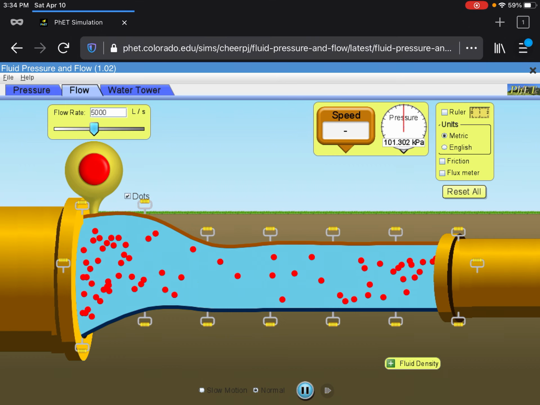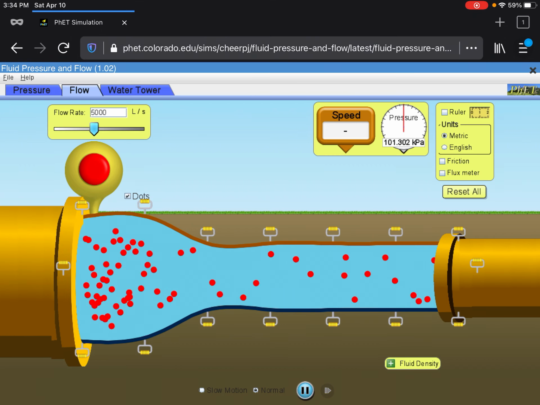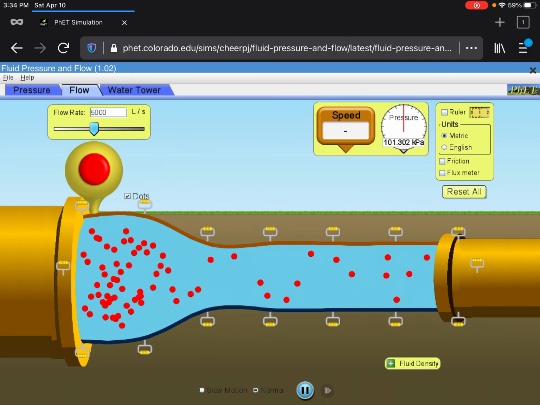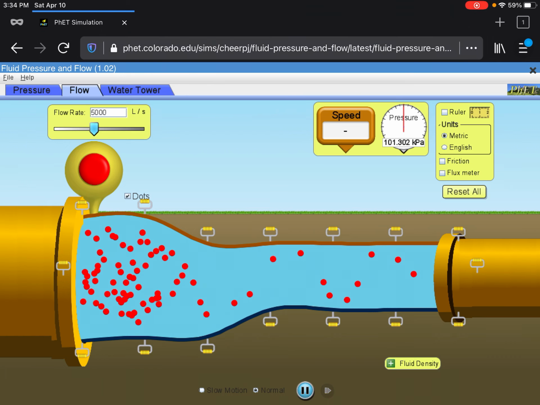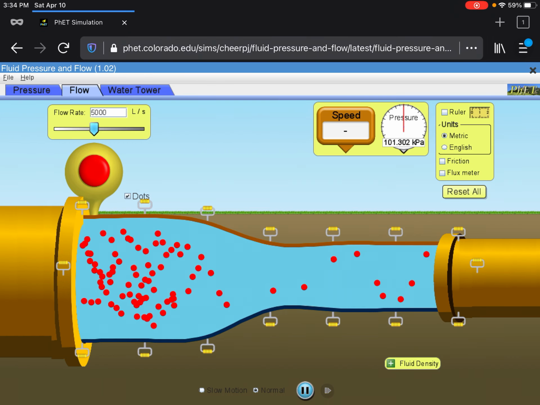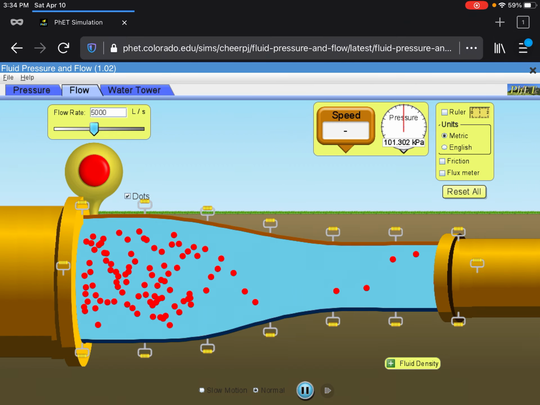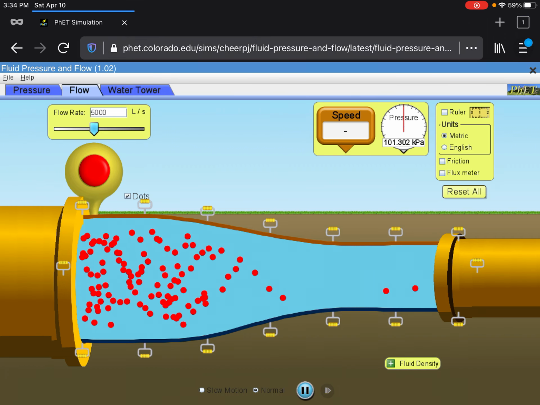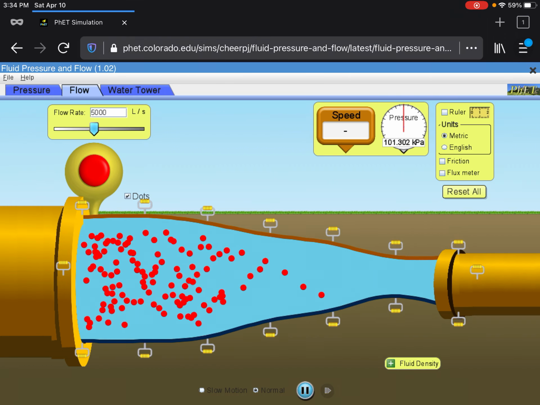We'll go ahead and make it pretty large. Okay, so the opening of the pipe is nice and large. All right, and then it starts to get smaller, and then we can have the exit of the pipe be even smaller.